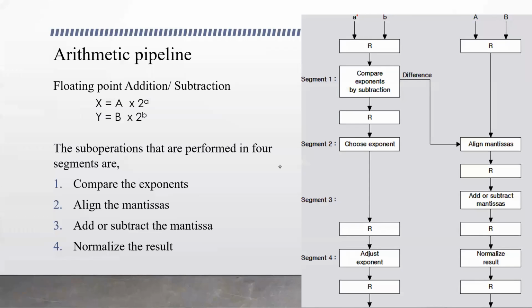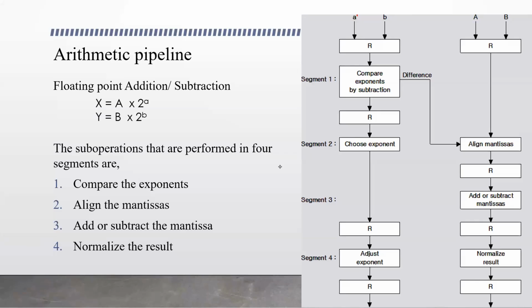The operations that can be divided into sub-operations, such as floating point addition, subtraction, multiplication and division, and even multiplication and division of fixed point numbers and similar computations, use arithmetic pipeline.